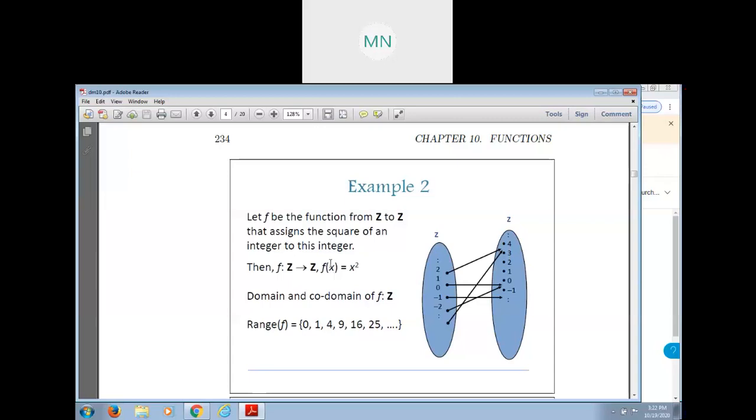Because this is the set of integers, when we put x equals -1, it will be -1 whole square, so it will be 1. If we put x equals -2, this will also be -2 whole square, which gives the value 4. So the range is this one.